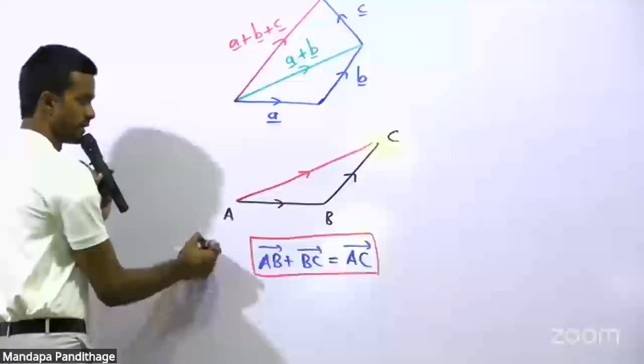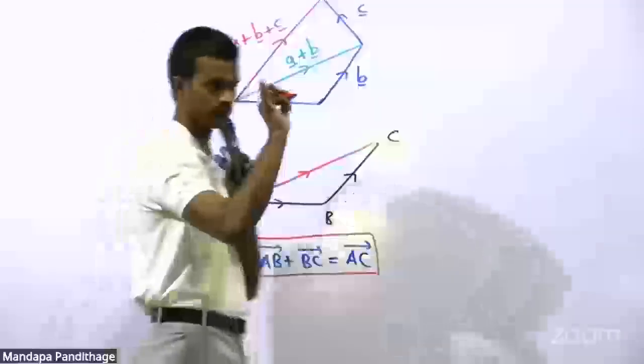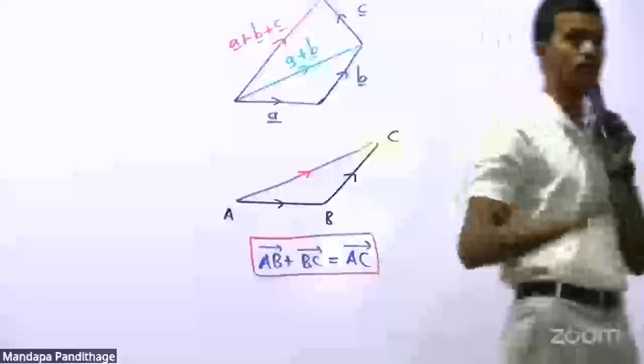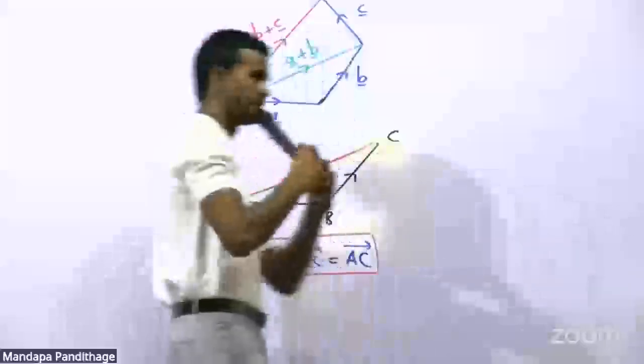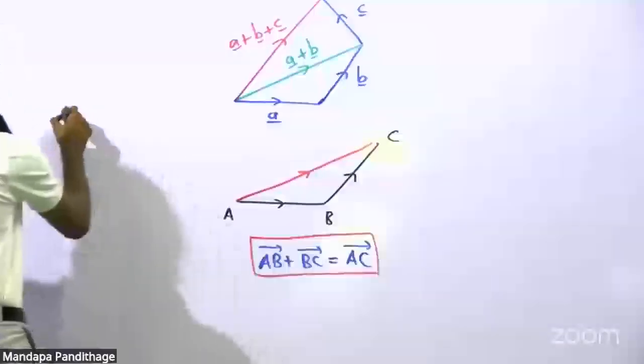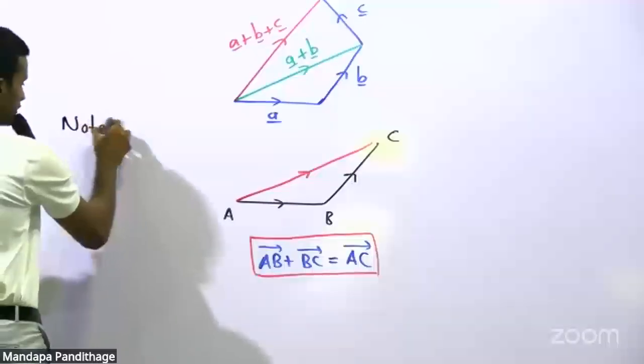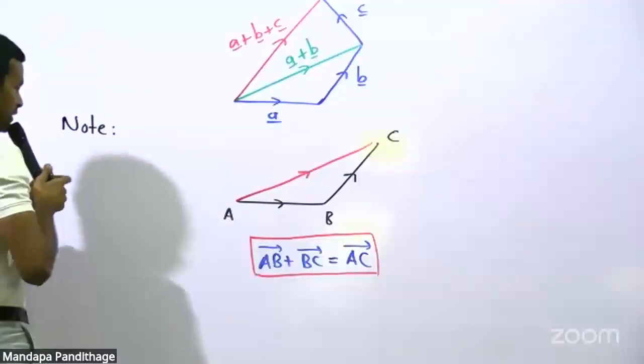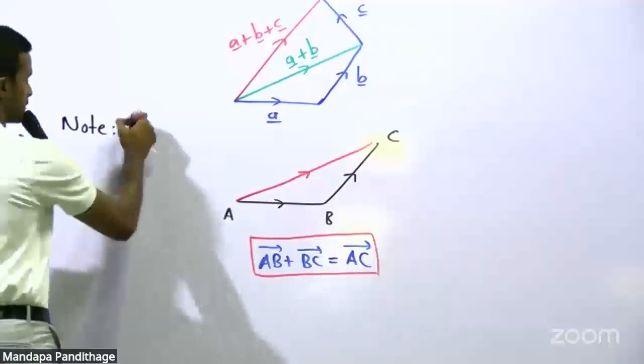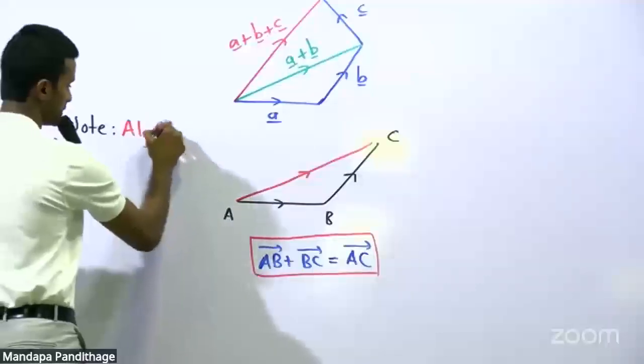Okay, then write it this way. In a black pen, write "Note". In front of that, in a red pen, write "Algebraic notation of vector addition".